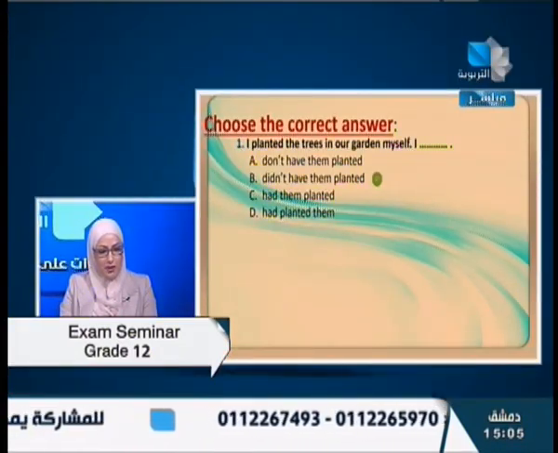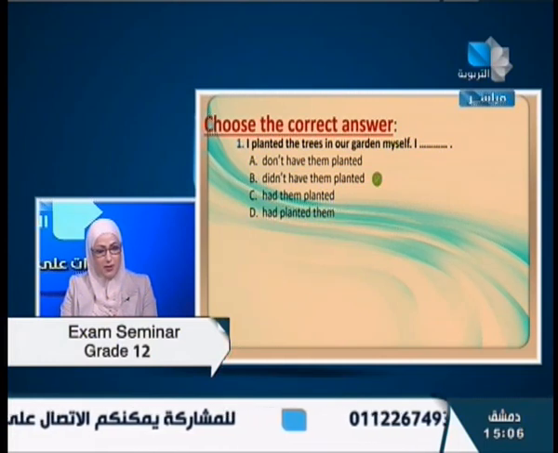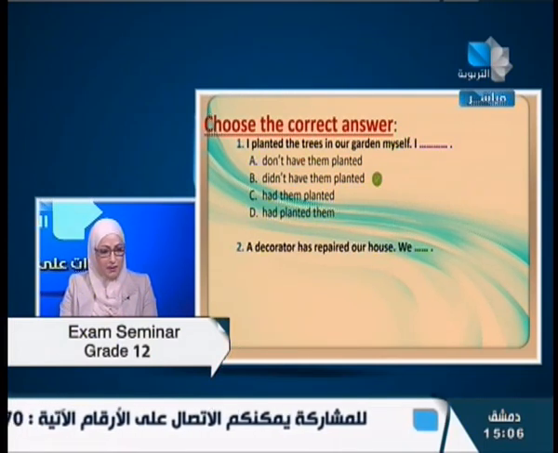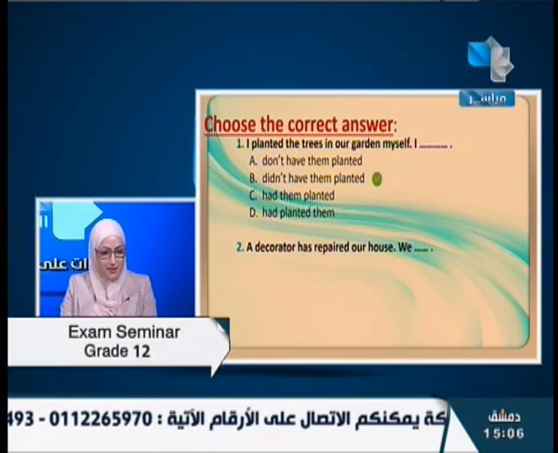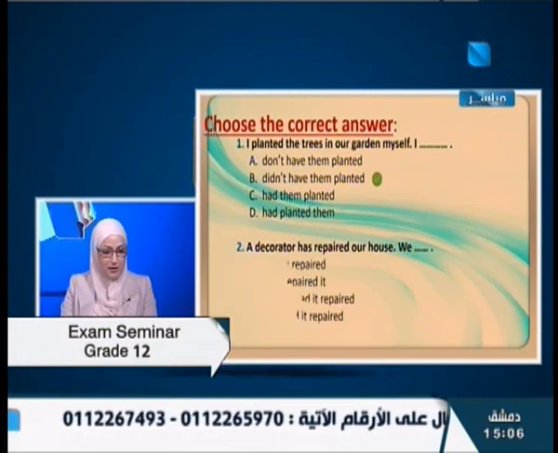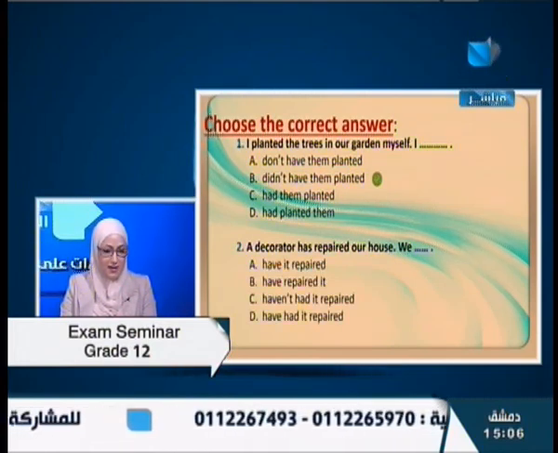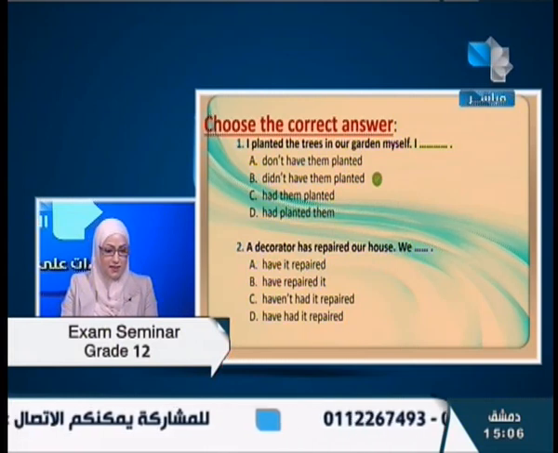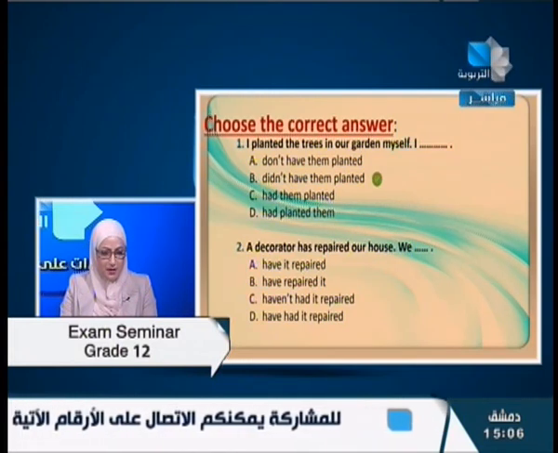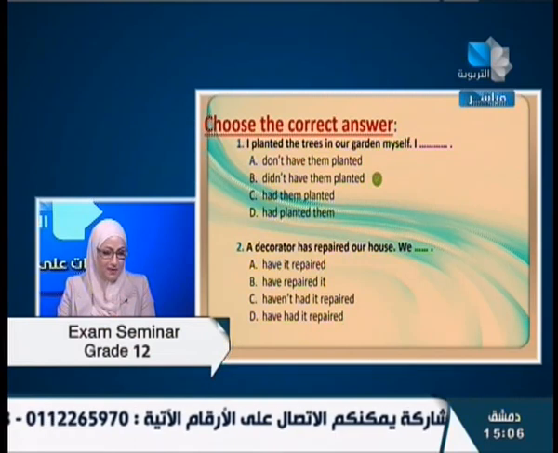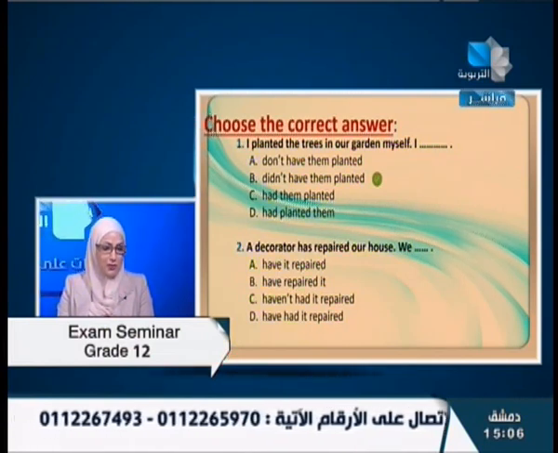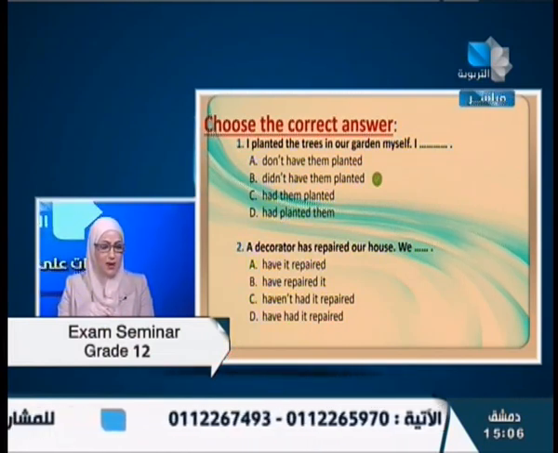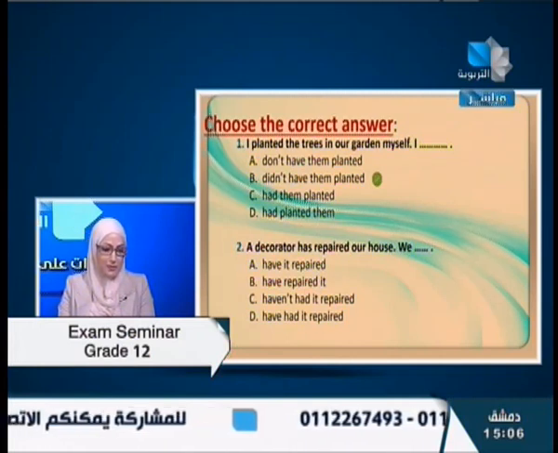For number 2, a decorator has repaired our house. We: A, have it repaired. B, have repaired it. C, haven't had it repaired. D, have had it repaired. For sure, the correct answer is have had it repaired, depending on the first sentence: a decorator has repaired our house.